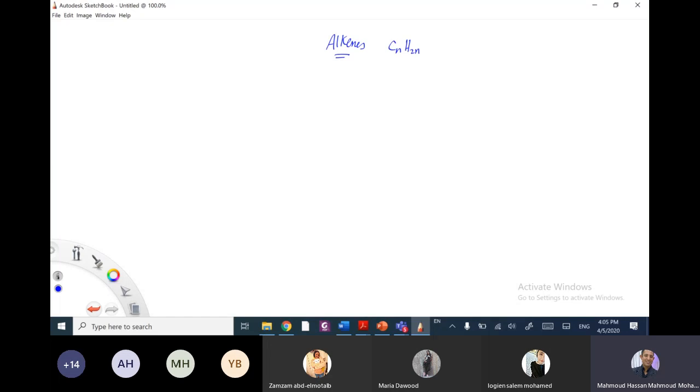As we said before in the first slide, alkene plus O2 gives us aldehyde, ketone. This is giving us the carboxyl group, carboxylic acid, and ester.